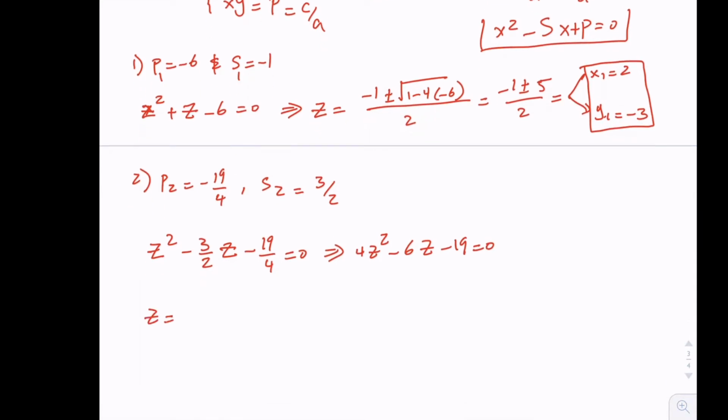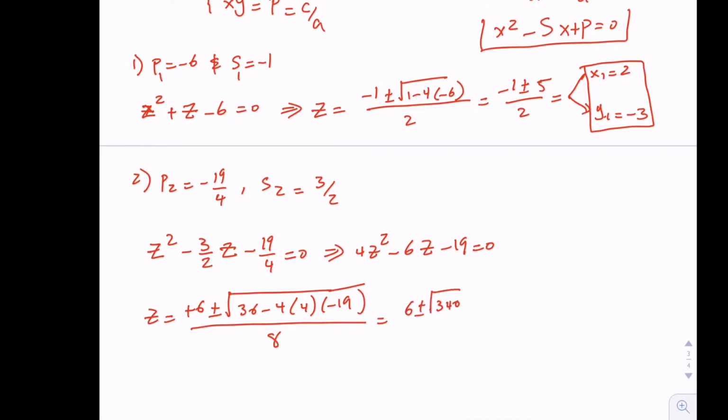So z will be 6 plus minus the square root of 36 minus 4 times minus 19, divided by 8, which is 6 plus minus the square root of 340, divided by 8.